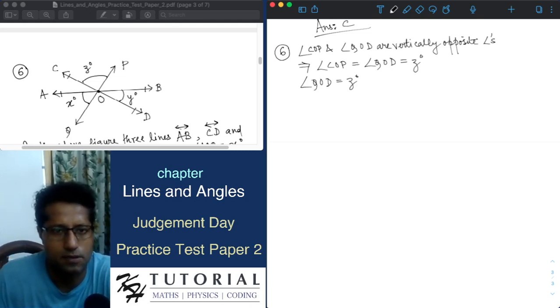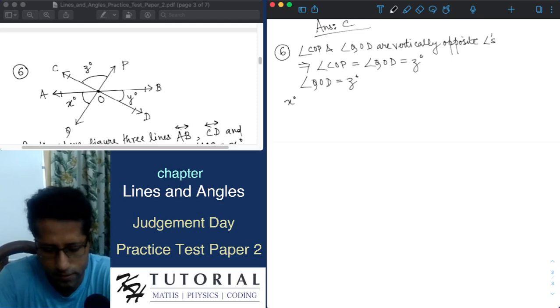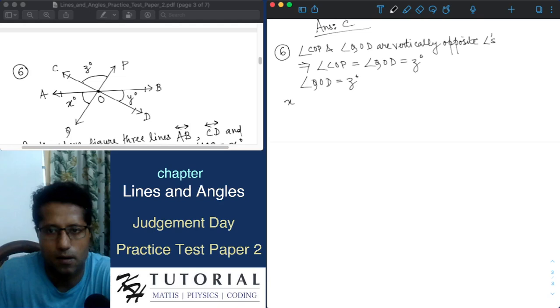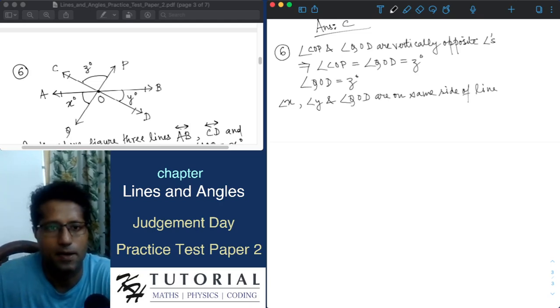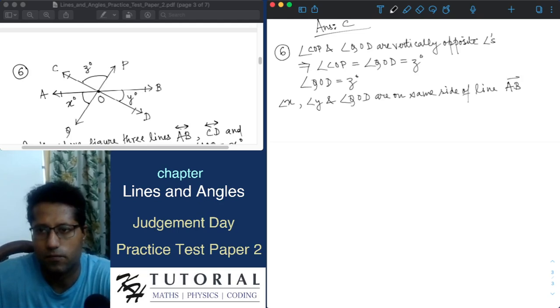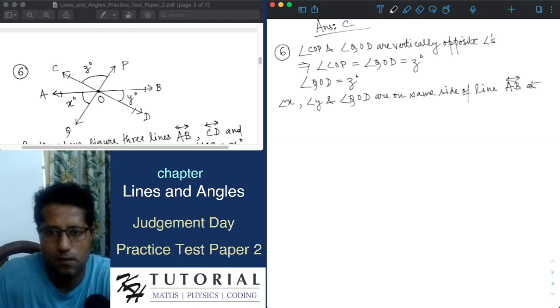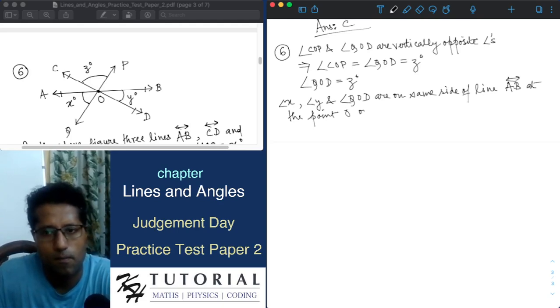Now also we can see that the angles, x degree, not actually x degree, it is better to say angle x, angle y and angle QOD are on the same side of the straight line AB at the point O on AB.